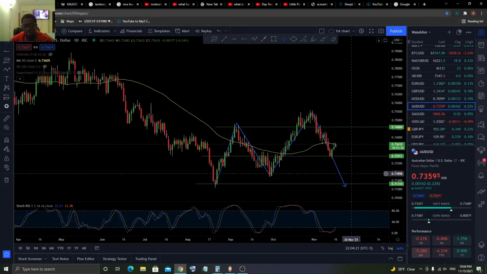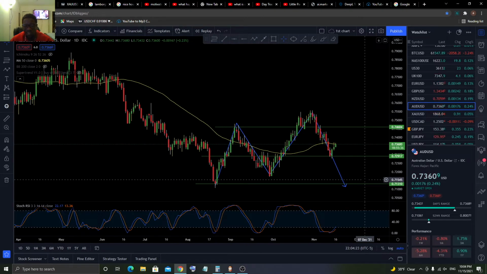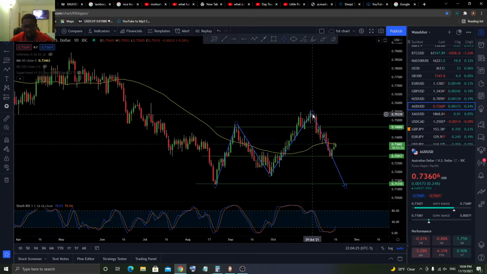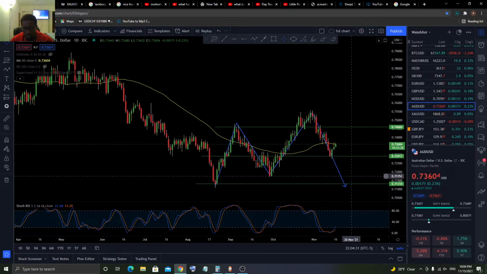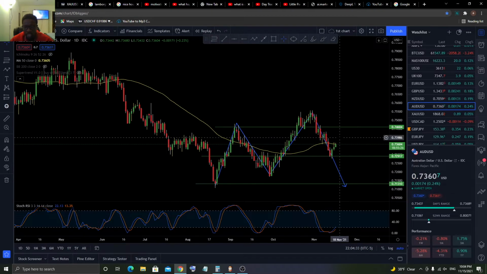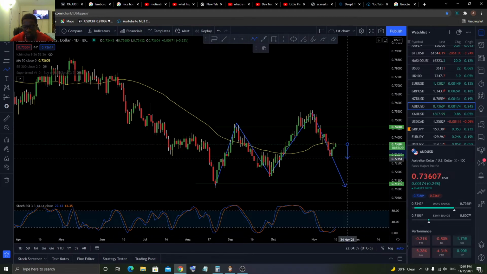So here's the thing. I don't like to have things complicated. From here to here, that was one target, right? Now from here to here, one target. What you can do in a case like this, if you get in the trade right here, this is the first entry. Now price will come back somewhere around here and test this one. If it tests it, get your entry right here again.